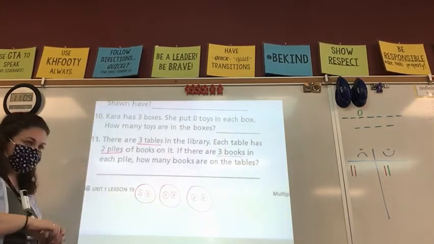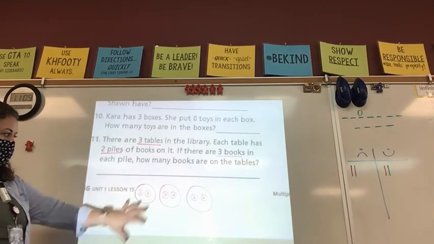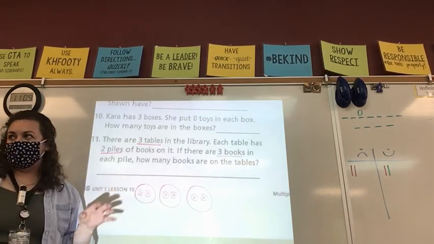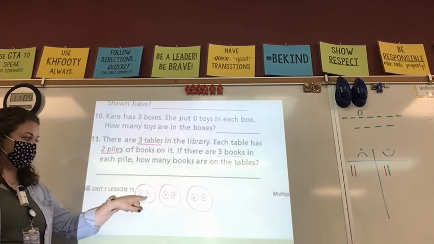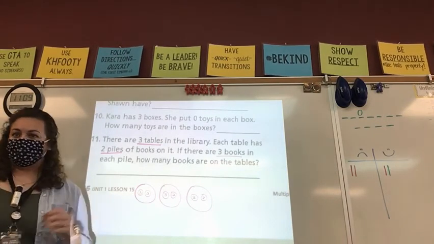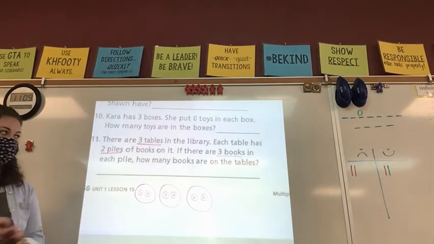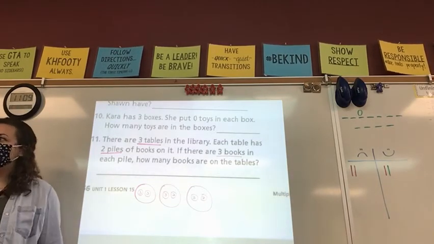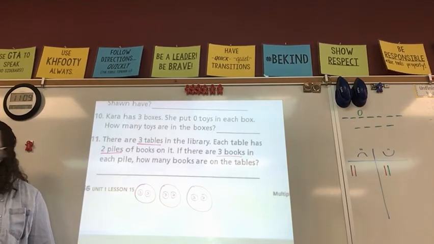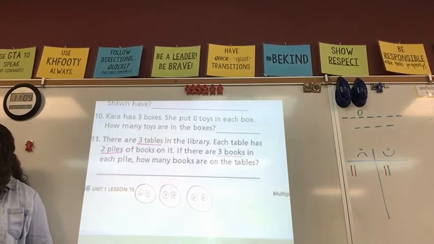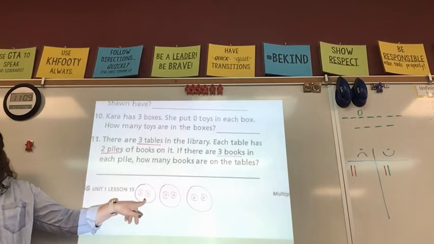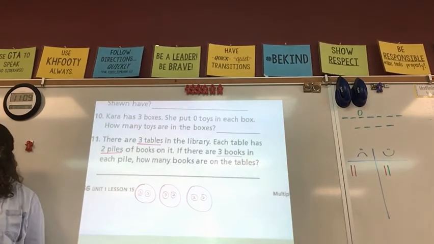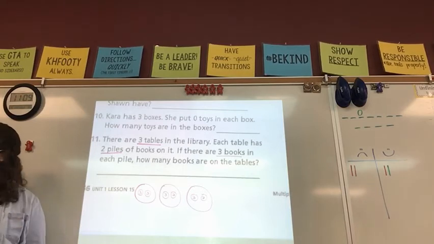Let's start with how many books are on one table. Who can give me an expression to represent those 2 piles with 3 books in each pile? That's going to be the first part of my equation. Savannah? How can I write it as a multiplication since I'm doing the associative property?